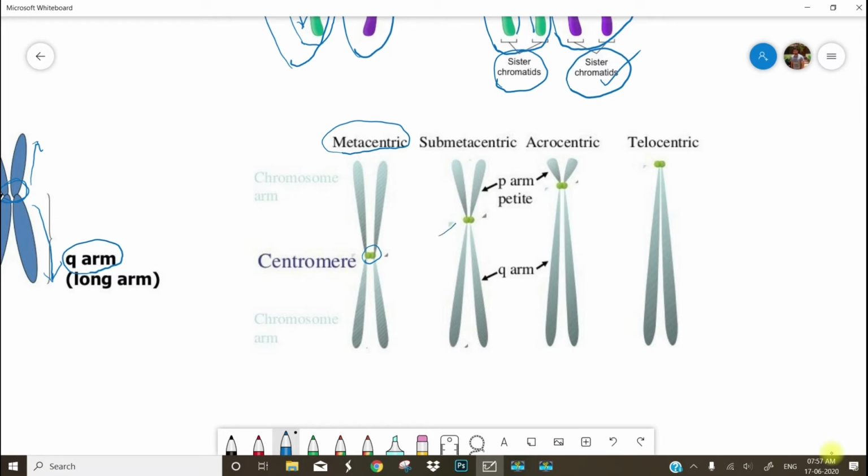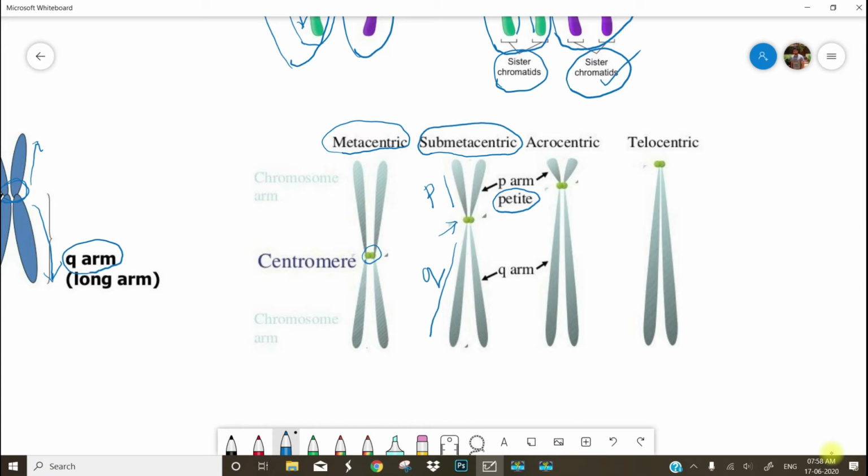The centromere position is shifted from the center, and you can clearly see the short arm and also the long arm. I hope you remember the names. The long arm is also known as the Q arm and the short arm is also known as the P arm. The P arm is also known by the term petite. And this is the condition known as submetacentric.